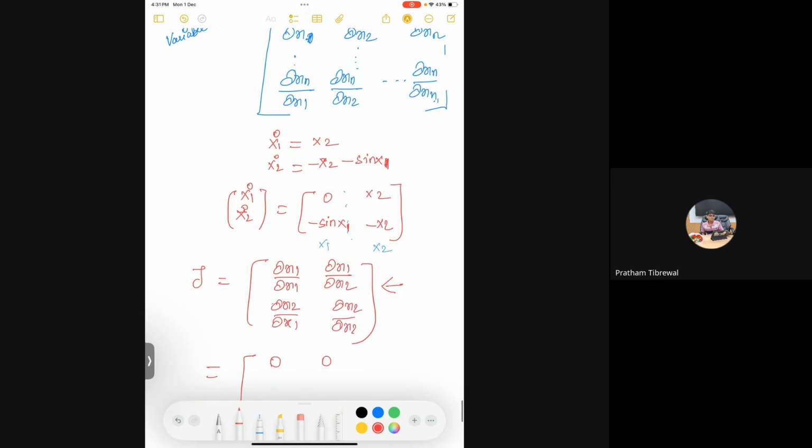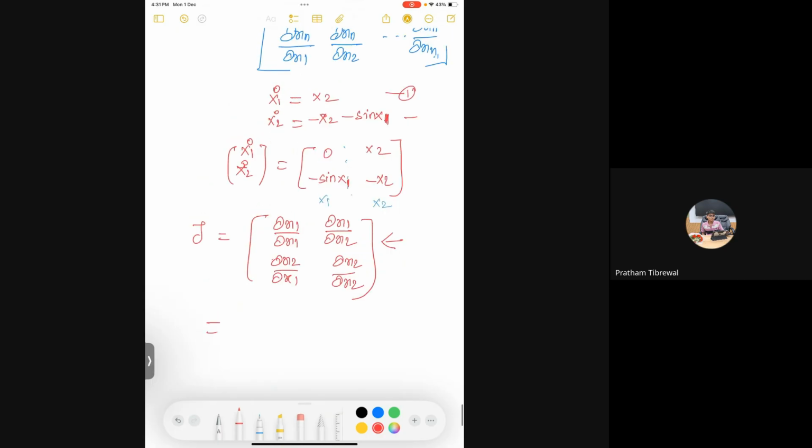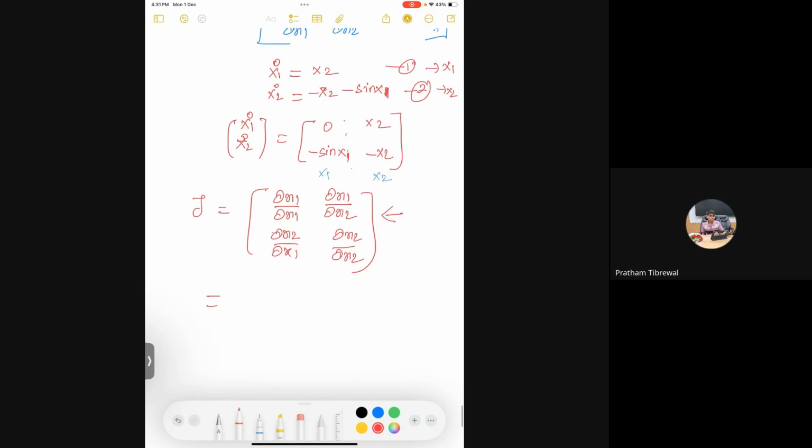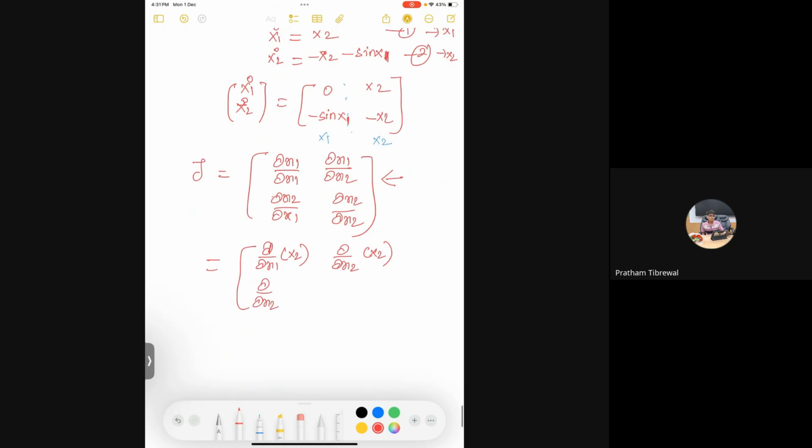Now if I write it, looking at the first equation, the first equation belongs to x1, the second equation belongs to x2. So dou x1 by dou x1. In the first equation, dou by dou x1 of x2, dou by dou x2 of x2; dou by dou x2 of minus x2 minus sin x1.